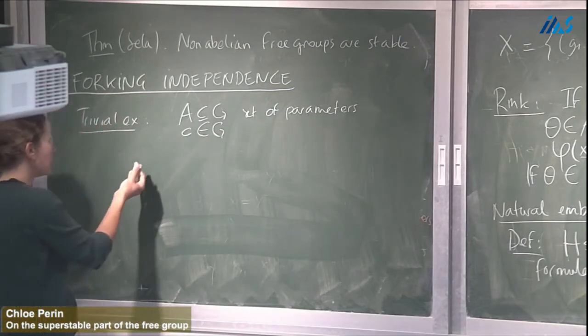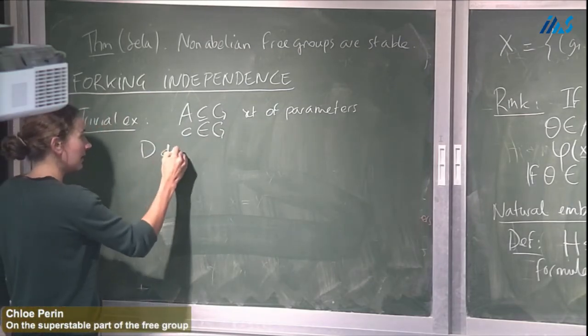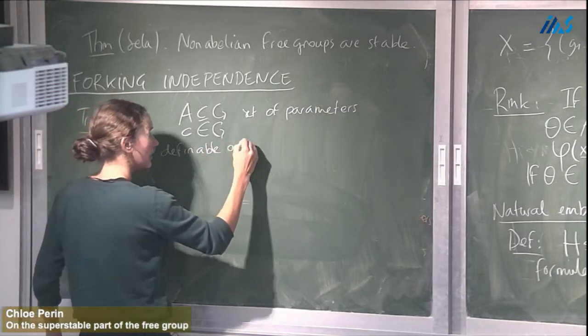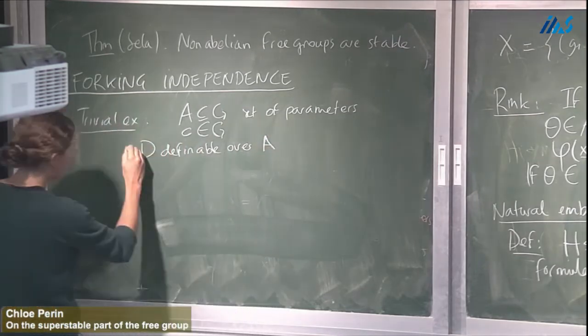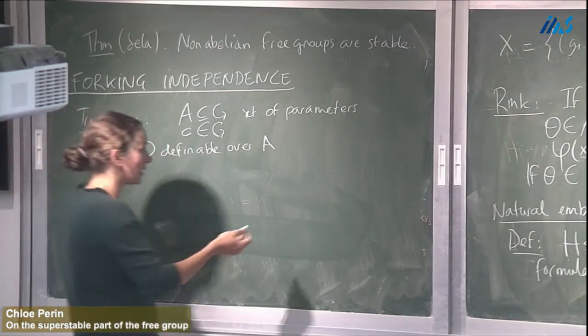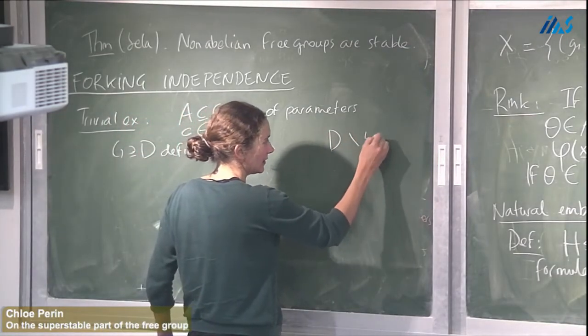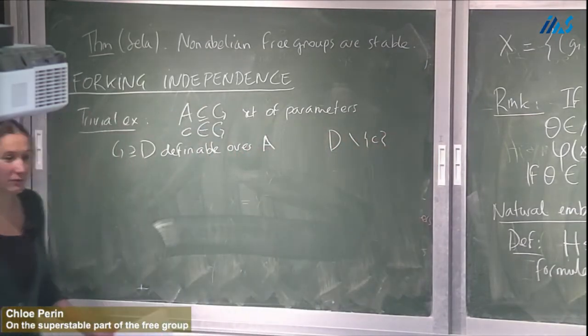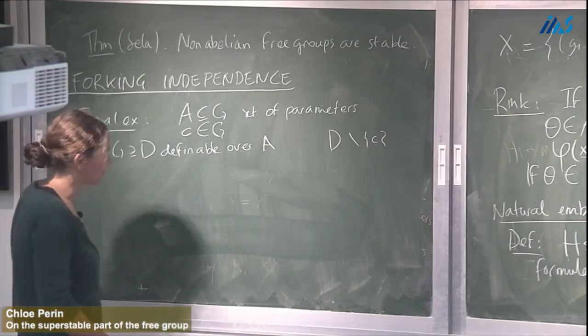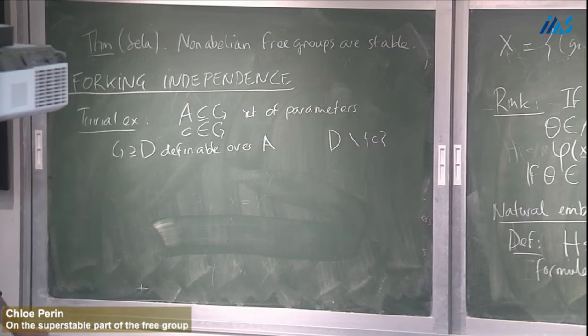So for any definable set D that I had before, if D was definable over A, say think of D as contained in G, it doesn't really matter. So I can say, well, I'll just take D and I remove C if it's in it. Okay, so I have reduced my set D if C was in it. I have a smaller set, but that's not really very interesting. I mean, it's not really much smaller, and I haven't changed my definable structure in any essential way.